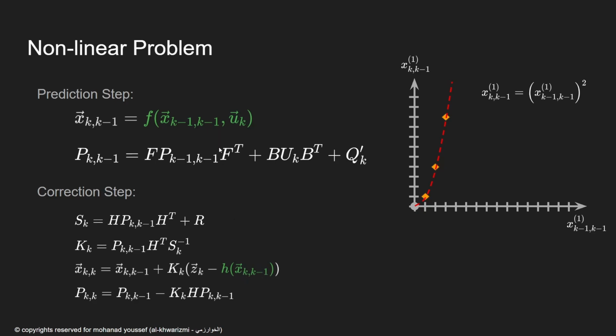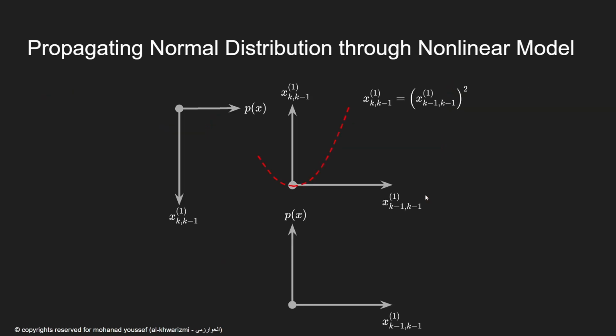But for the covariances, things will be different. So here we can't just substitute f with the equation itself, but then we need to find a workaround or an alternative. So how to deal with propagating the covariance in a nonlinear system.